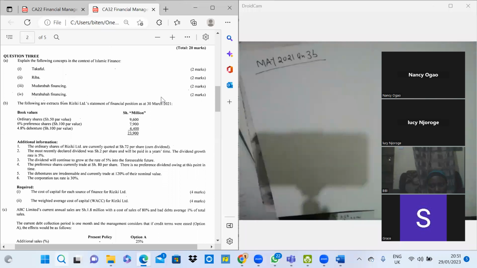The following are extracts from Riziki's limited statement of financial position as at 30th March 2021. We have book values, that is the ordinary shares 50 per value, 6% preference shares 100 per value, 4.8% debentures 100 per value. Additional information.